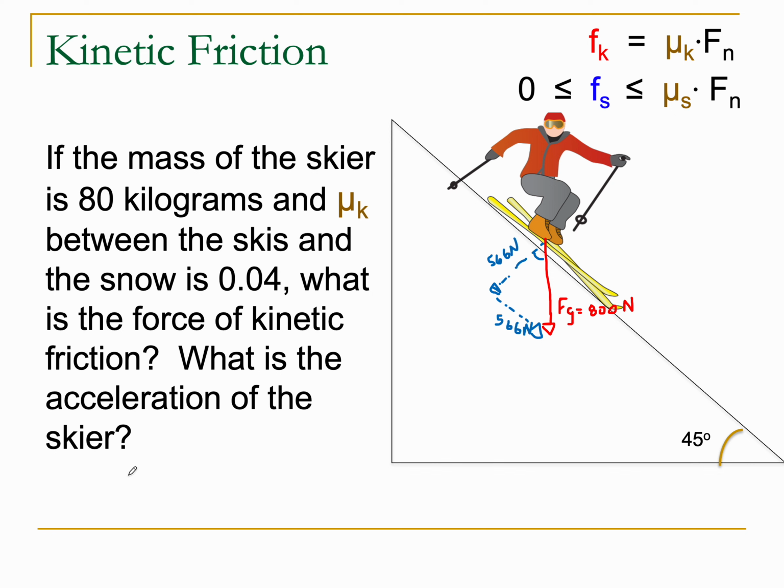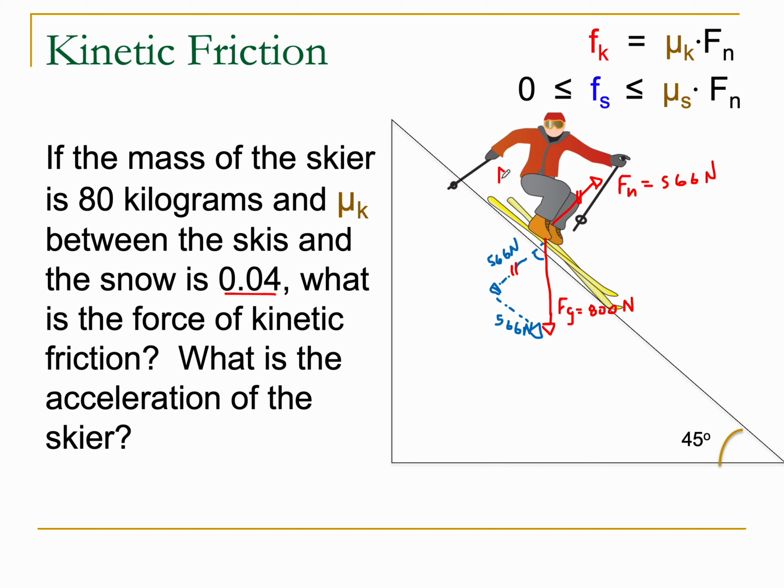And once we know those, we can immediately identify what the normal force is on our skier. The normal force here is going to be equal to this component of gravity that's trying to force the skier into the slope. So it's also going to be 566 newtons. And then finally, they give us the coefficient of friction between the skis and the snow. There is friction acting this time, and which way is it acting? Well, friction always acts against the slide or potential slide.